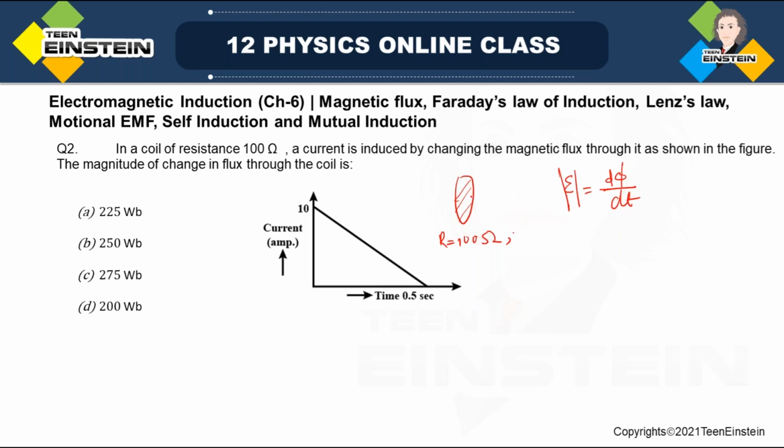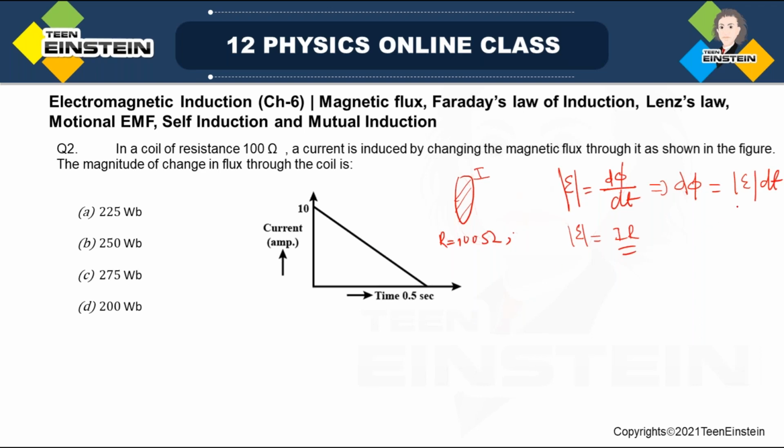Again, if there is a current flowing through, suppose I current is flowing through the coil, so this E can be written as I into R. Now look, from this we can write d phi, that is change in the flux, will be this.